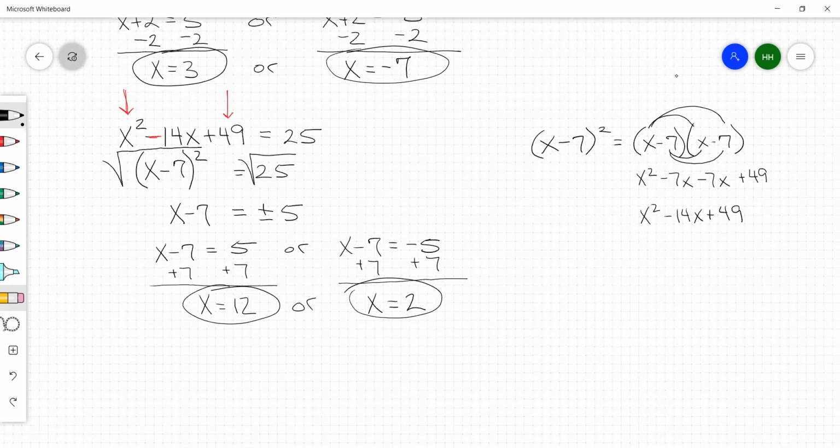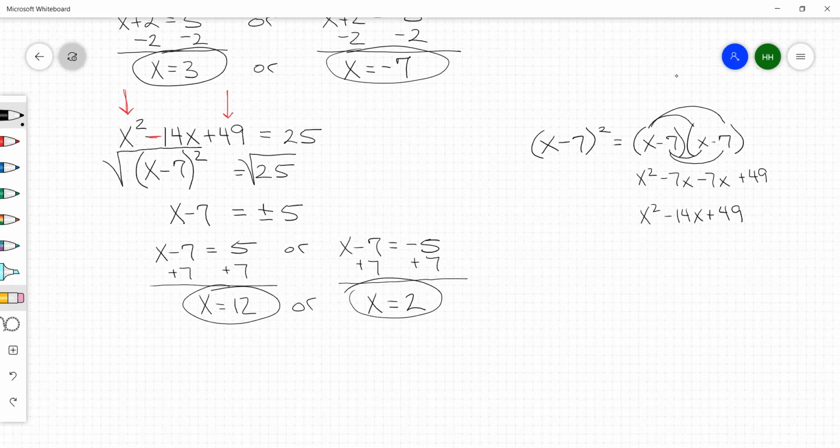Otherwise, we're going to learn next week how to solve these using the quadratic formula, which is really no fun. But if you can solve a quadratic by factoring, it's the fastest, simplest way to solve a quadratic. If you can't solve it by factoring, your next option is the quadratic formula.